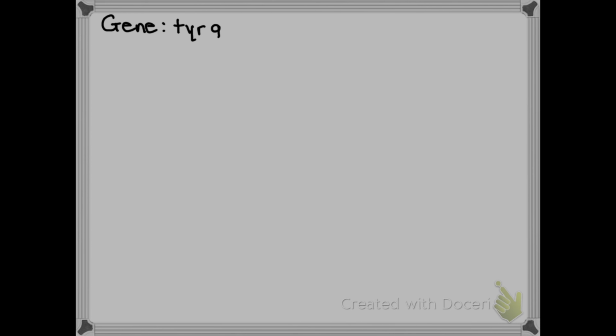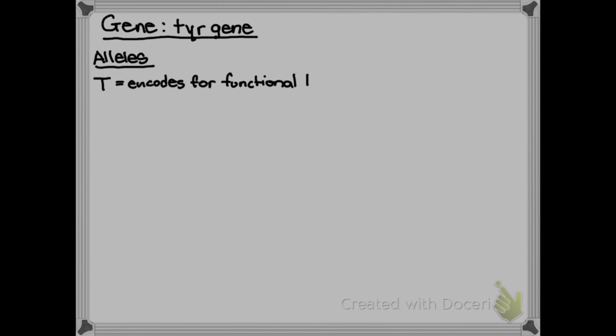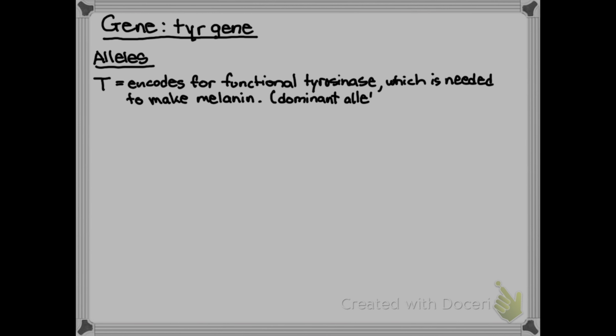So let's start with the TYR gene. This is the gene responsible for the albino phenotype. We're going to talk about two alleles here. We are going to use a capital T to denote the dominant allele. That allele encodes for functional tyrosinase, which is needed to make melanin.